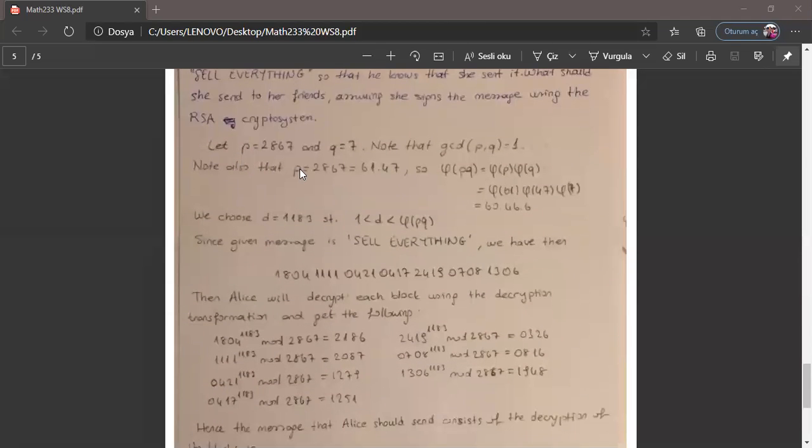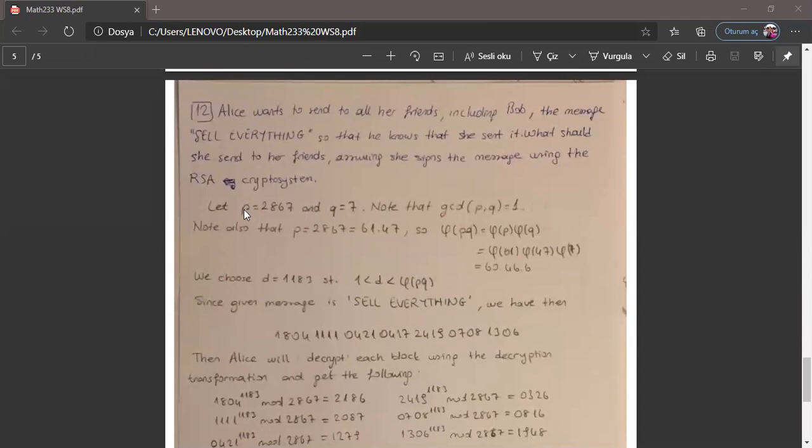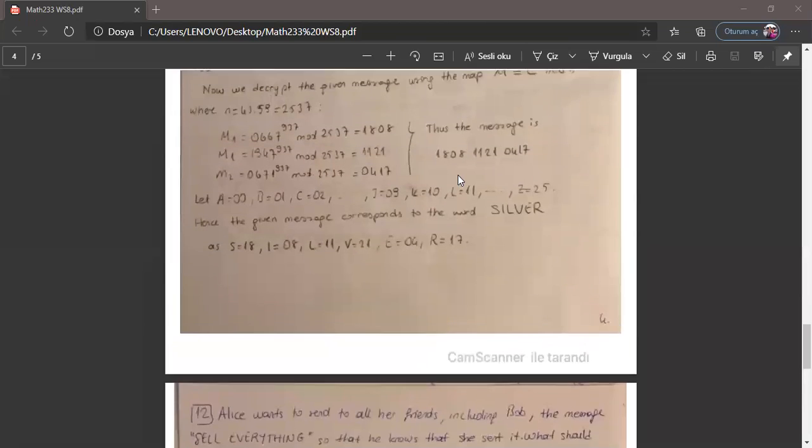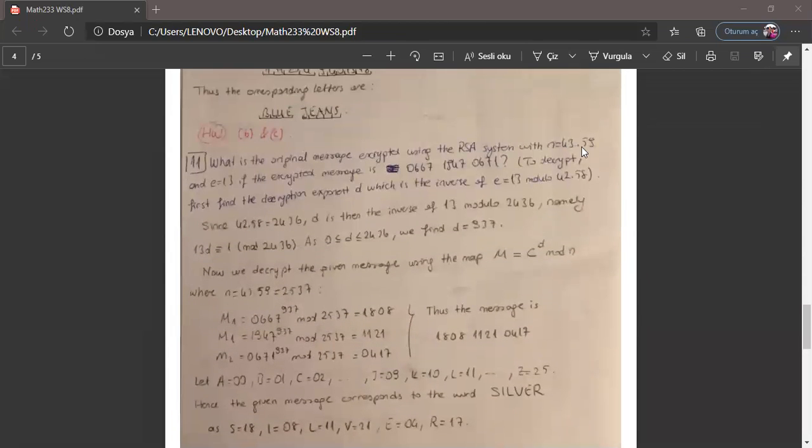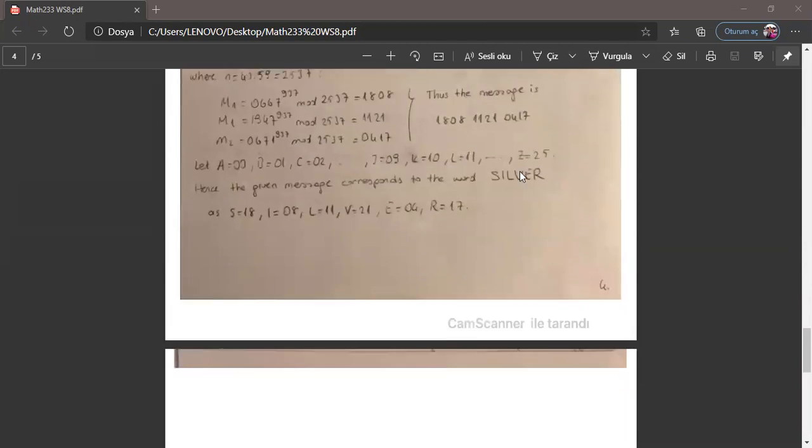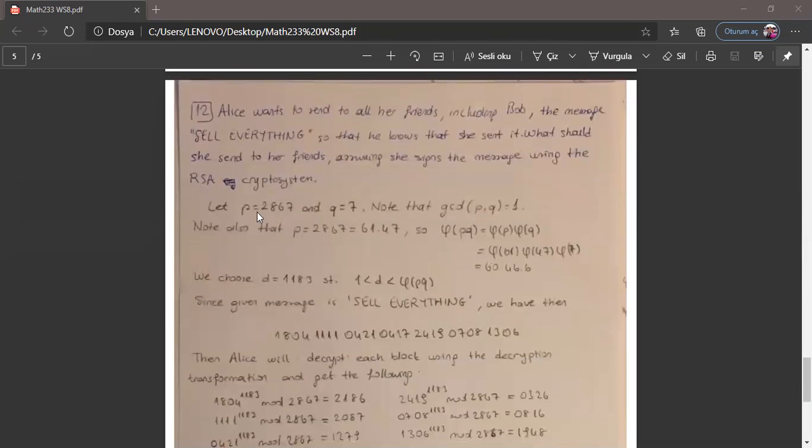Now what do we have? Again, we need to pick 2 numbers, P and Q, where their greatest common divisor is 1. They don't need to be primes, but they need to be co-primes. Okay, before we had prime numbers, but we don't actually need prime numbers.